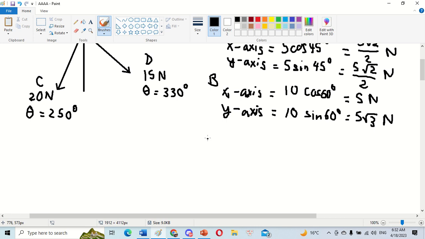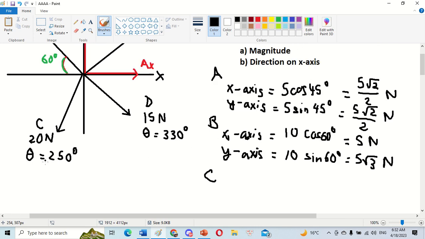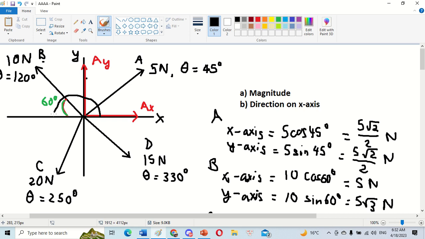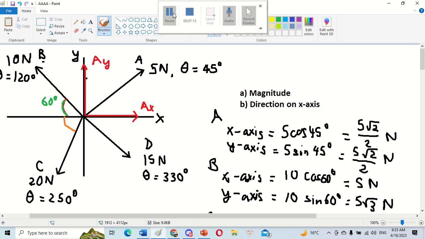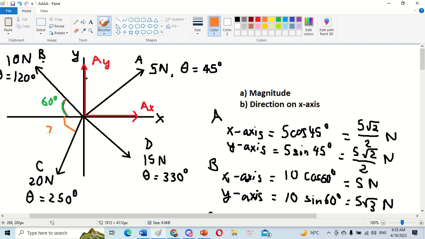Now let's go to vector C. Vector C has 250 degrees, which means the value goes here. I want to select this angle here, and I will use orange. To calculate this one, we have 250 degrees minus 180 degrees, so that is 70 degrees here.